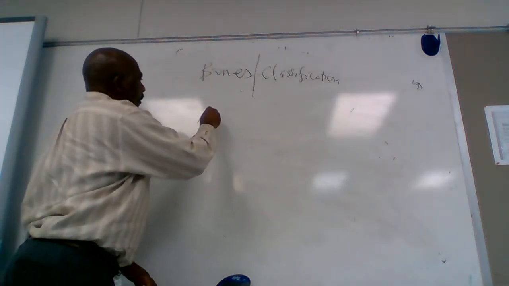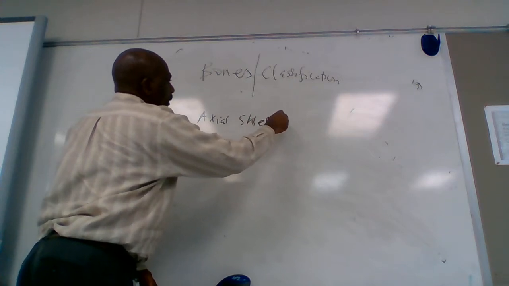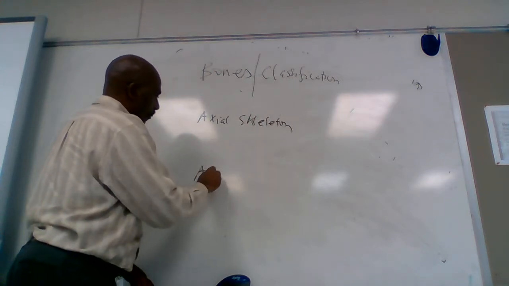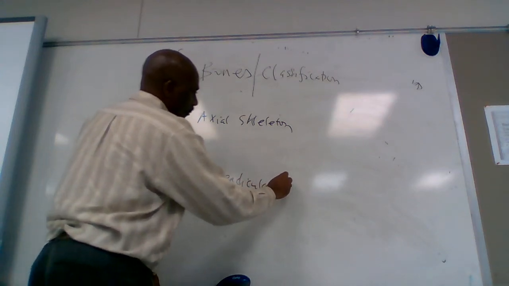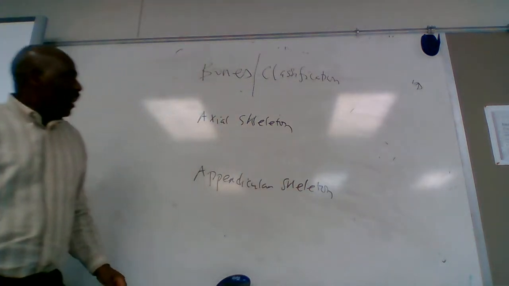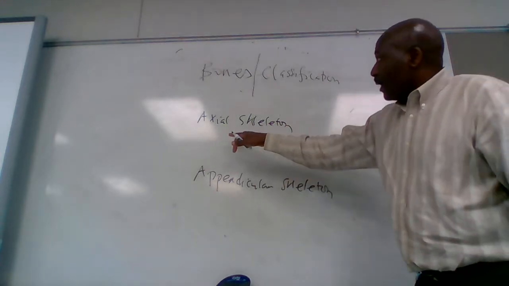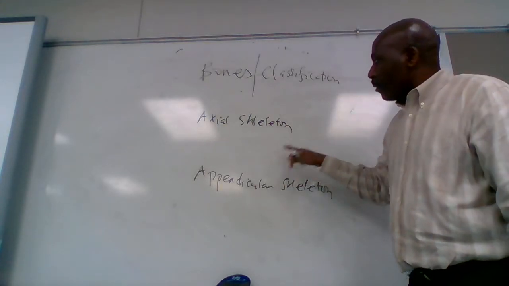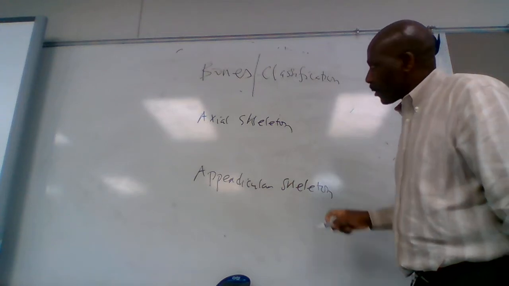So we have the axial skeleton. Every bone in the human body is either an axial skeleton bone or an appendicular skeleton bone. There's no exception to this.